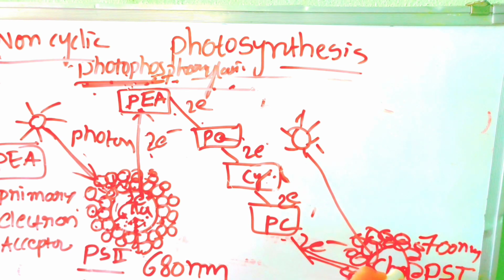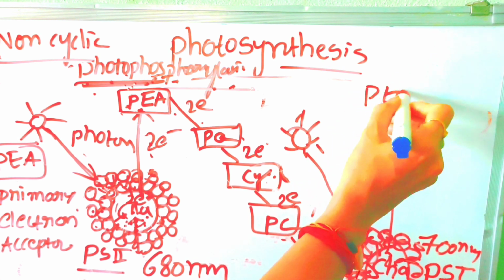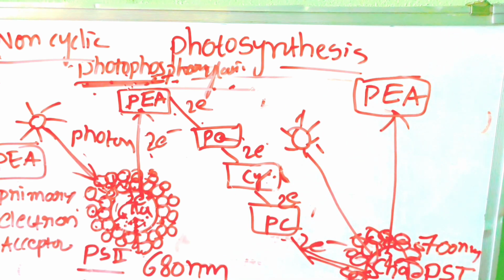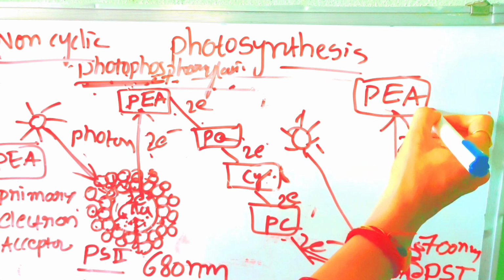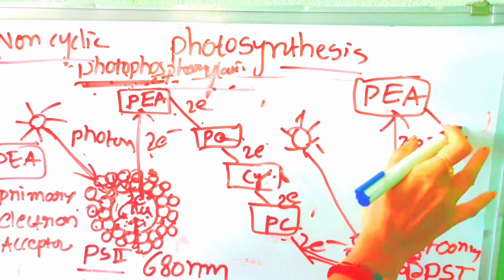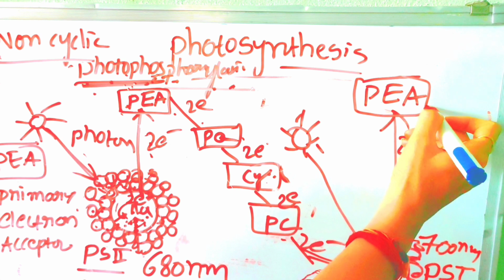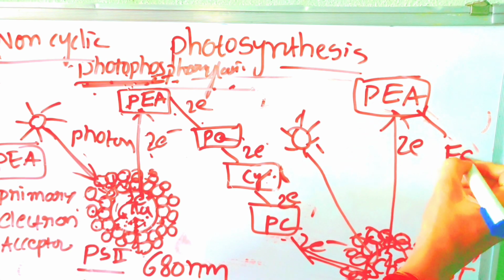So again a pair of electrons is excited from the ground state to the excited state and accepted by the primary electron acceptor. Then the electrons return to the ground state through the electron transport chain, through ferredoxin.